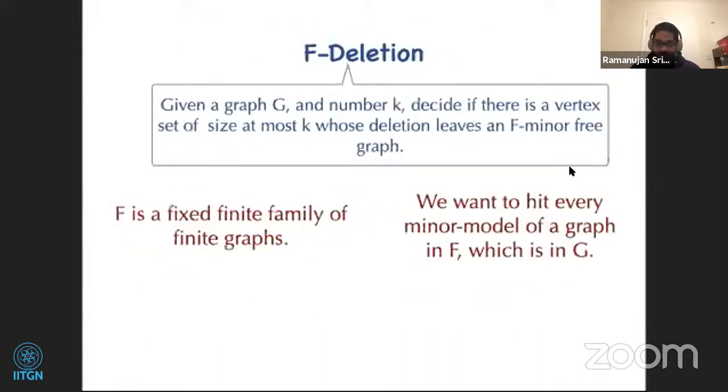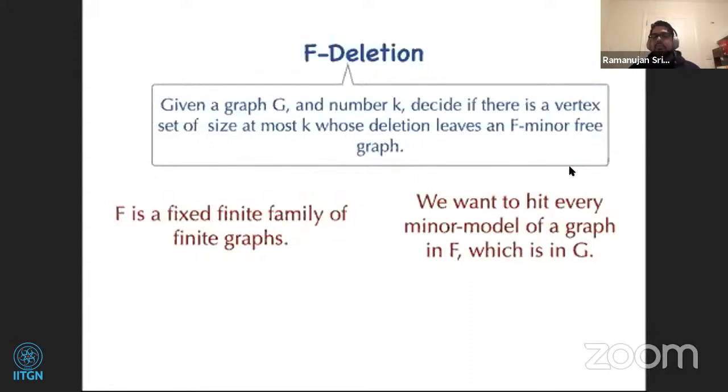And what I would like to do today is zoom in to this specific family of problems. These are what I call F deletion problems. You would have already seen either this family directly, or you would have seen various instances of this family of problems in the last week. So in general, let F be a fixed finite family of graphs.